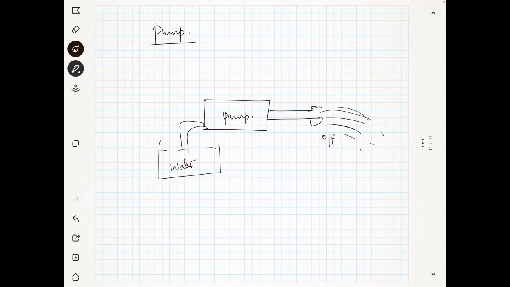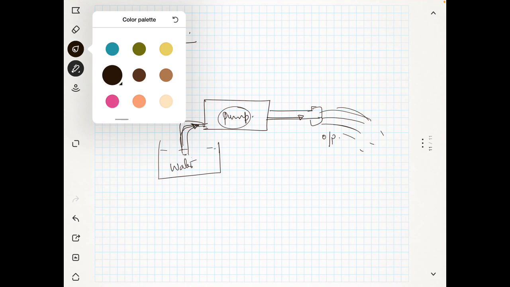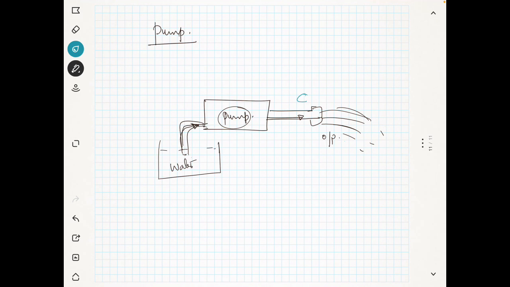You have a lot of water in the tank, and this part is sucking the water from here and pumping it out as shown here. You can view this part as a collector because it is pumping outside, and this is where the water is sucked in, which you can view as an emitter.